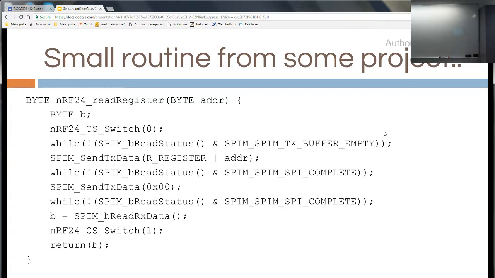Okay, if it's empty, then it basically goes here, sends data to SPI, and basically it's just the masked register and the 1 byte with the bitwise OR.